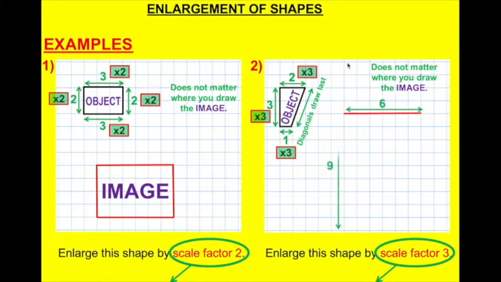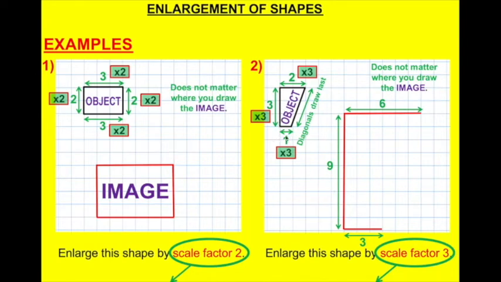So that length there is 2 units. Multiplied by 3 becomes 6. That length there is 3. Multiplied by 3 becomes 9.